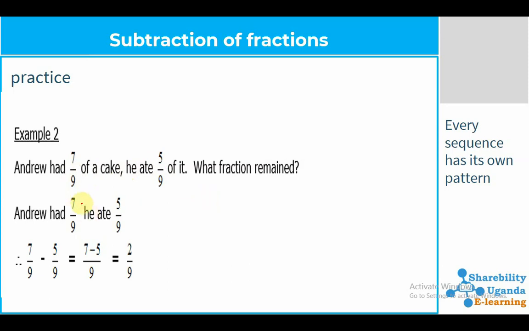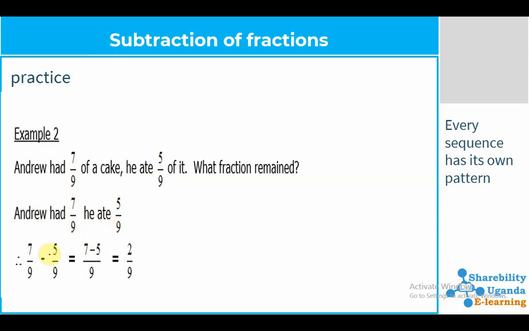So we get the total cake that Andrew had, then we subtract what Andrew ate. The total cake minus the part that he ate.